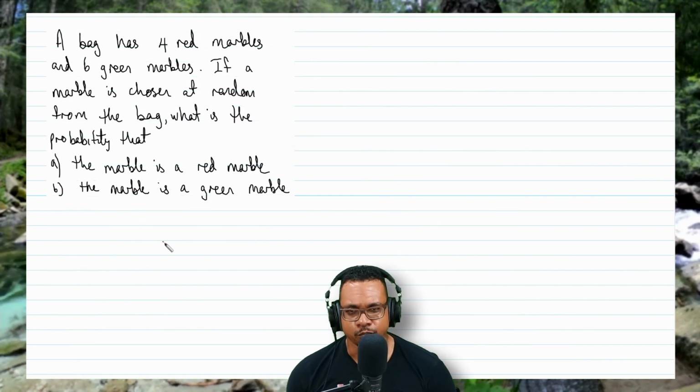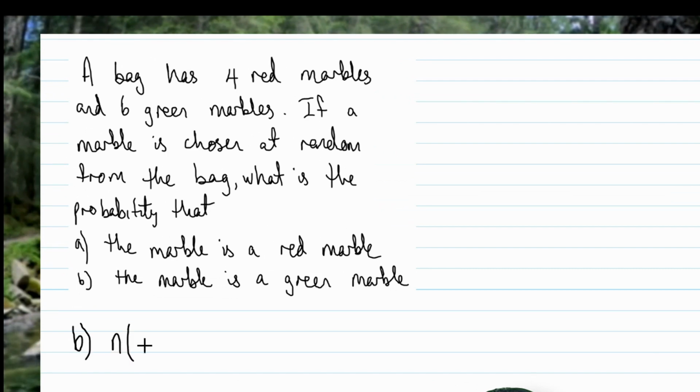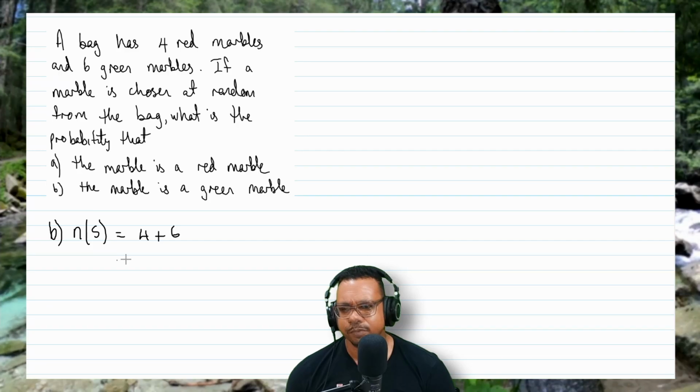So let's come across here and work out part B. So for part B, the number of elements in my sample space, which is my total possible outcomes, is equal to 10. I'll put the 4 plus 6, which is equal to 10 marbles. I'll put the number of elements in the set of green marbles, and use G for green, is equal to 6.